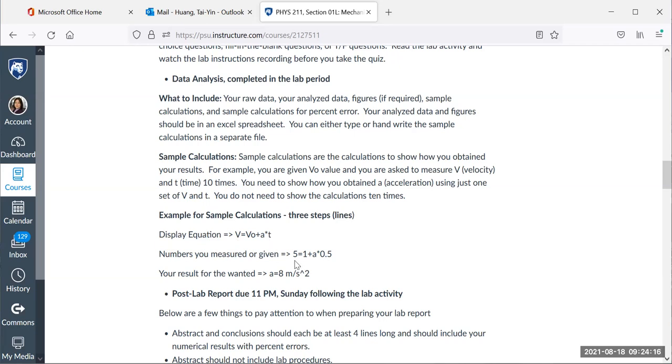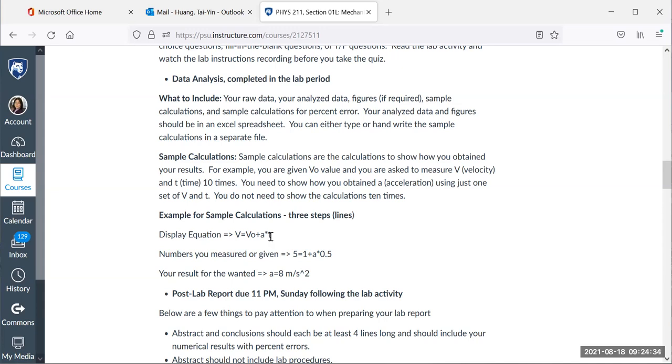So you have the v, you have the v naught, and you have the time, and so you should have one line that has the equation, then the next line with the known information, and then the third line showing what the result is.